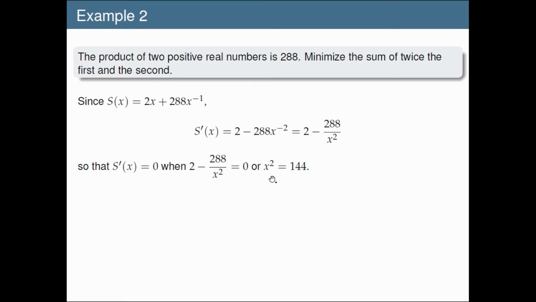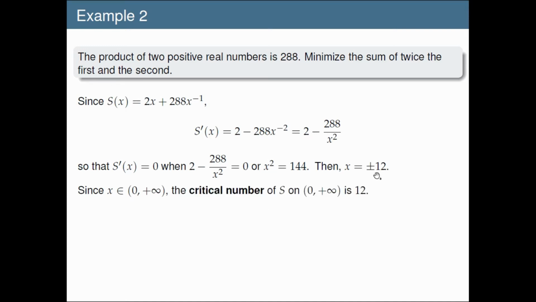Solving for x, we get x equals plus or minus 12. Pero kailangan x is positive, so x must be positive 12. So the critical number of s on this interval is 12. Okay?